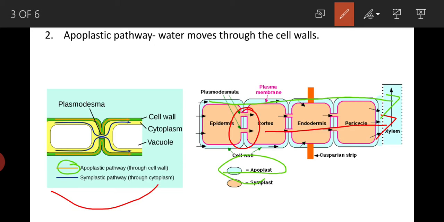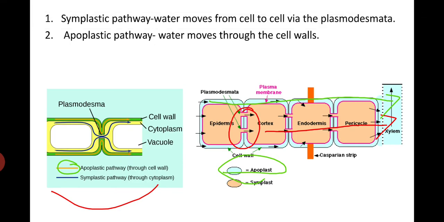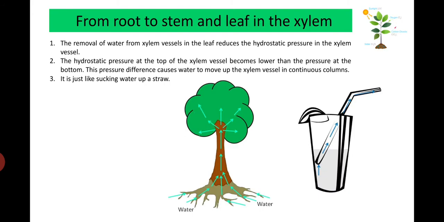The water moves from cell to cell until it reaches the xylem vessel. So there are two pathways: the symplastic pathway, when water moves down the water potential and from cell to cell via the plasmodesmata, and the apoplastic pathway, where water moves through the cell walls.